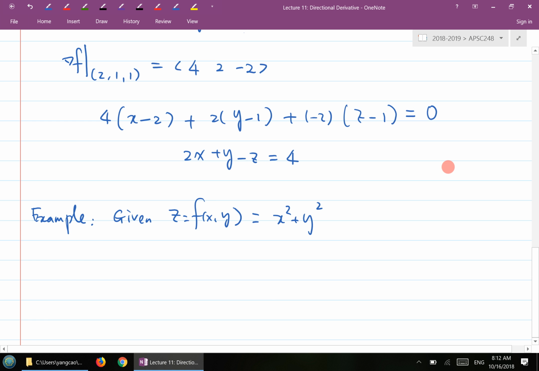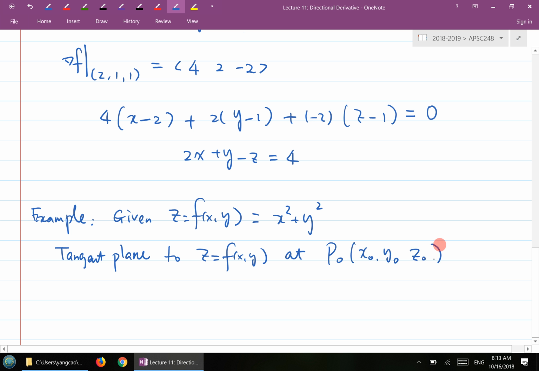Now, if I want you to find a tangent plane to z equal to f of x, y, let me use a general point first, and then a specific point. Let's say at the point x naught, y naught, and z naught.